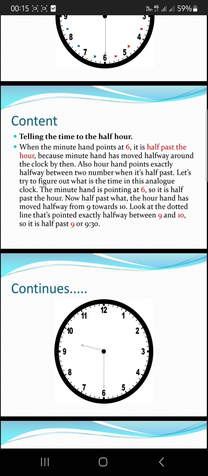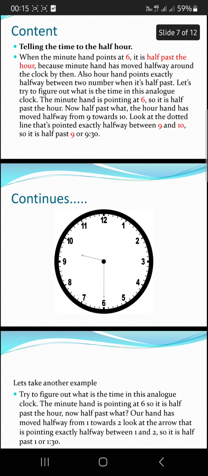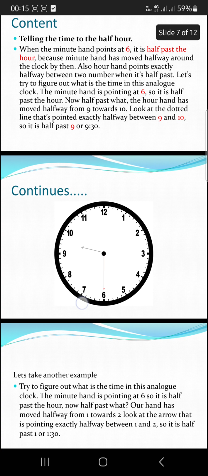Let us try to figure out what is the time in this analog clock. The analog clock I'm talking about is on the next slide. The minute hand is pointing at 6, as you can see there's 6 on a red arrow. So it is half past the hour.